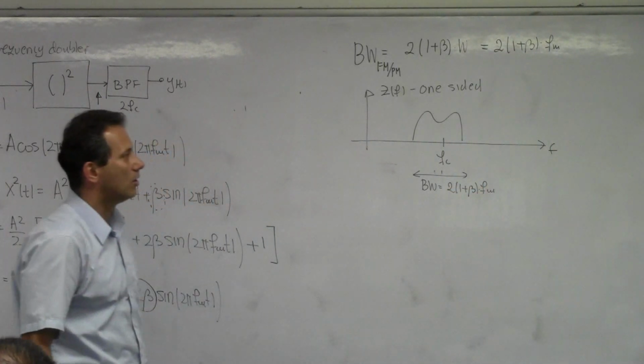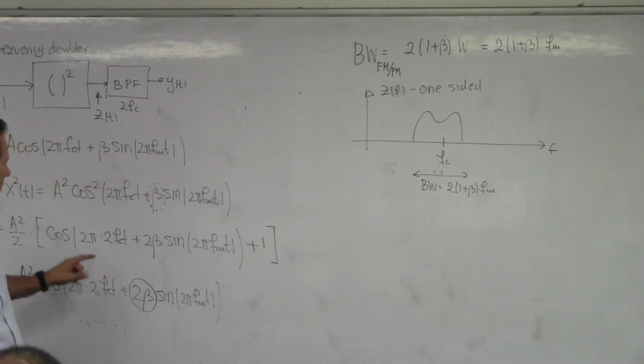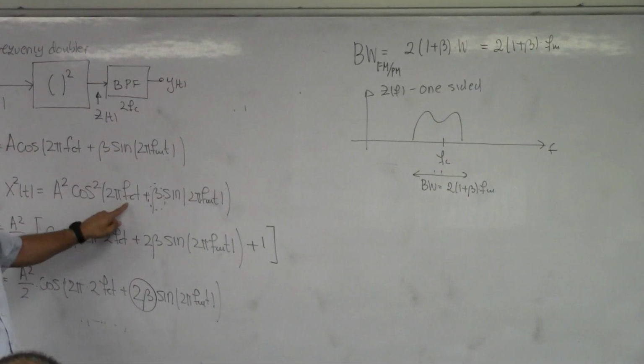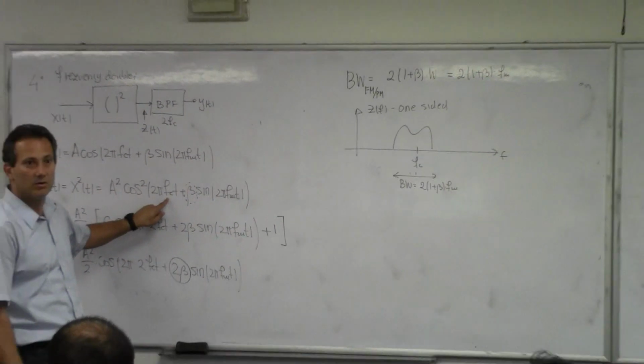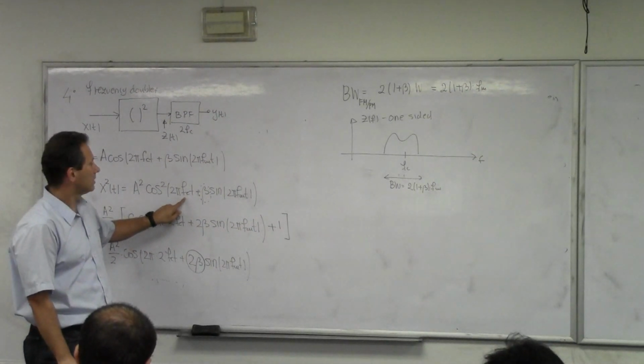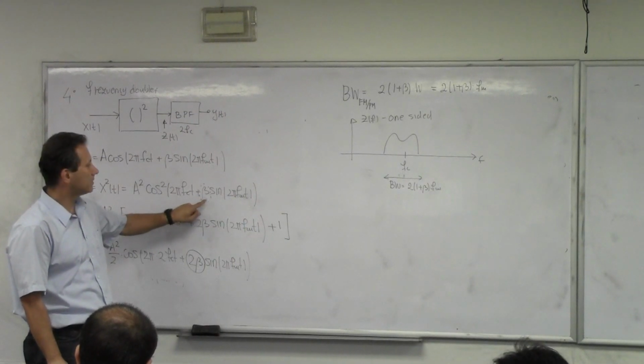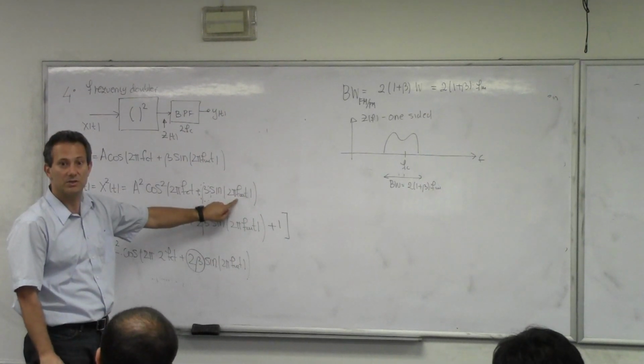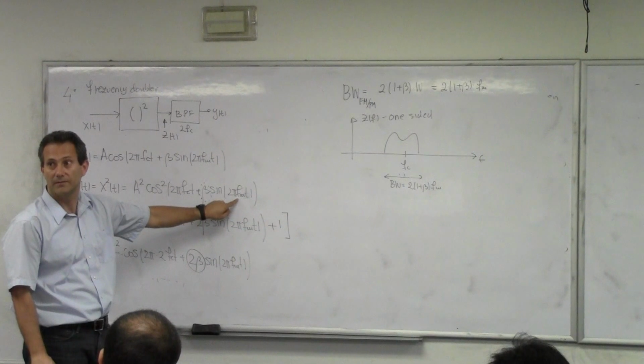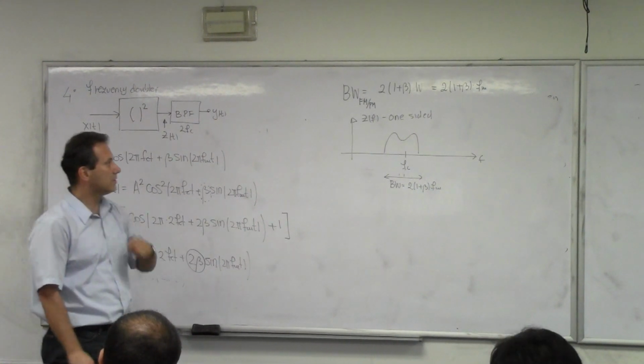So that's the occupancy of my signal Z of f. It will be centered around Fc, which is the carrier frequency, and the bandwidth is 2 times 1 plus beta times the highest frequency in the spectrum of your message signal, which is Fm in this case. So that's the footprint of Z of f.